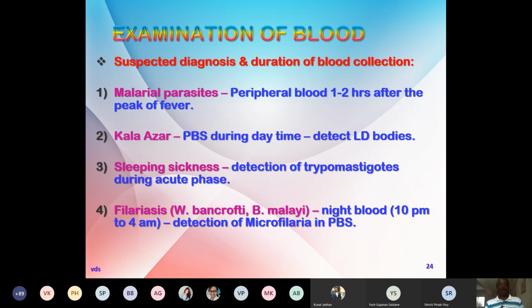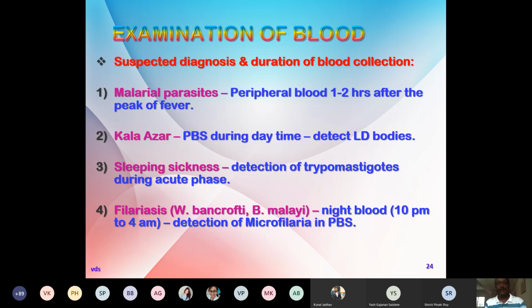Now, this is very important, which is why I have projected this slide purposefully, because suspicion of a particular infection depends upon the clinical appearance of the case. And when you suspect a particular infection, the duration at which the specimen has to be collected is also different.